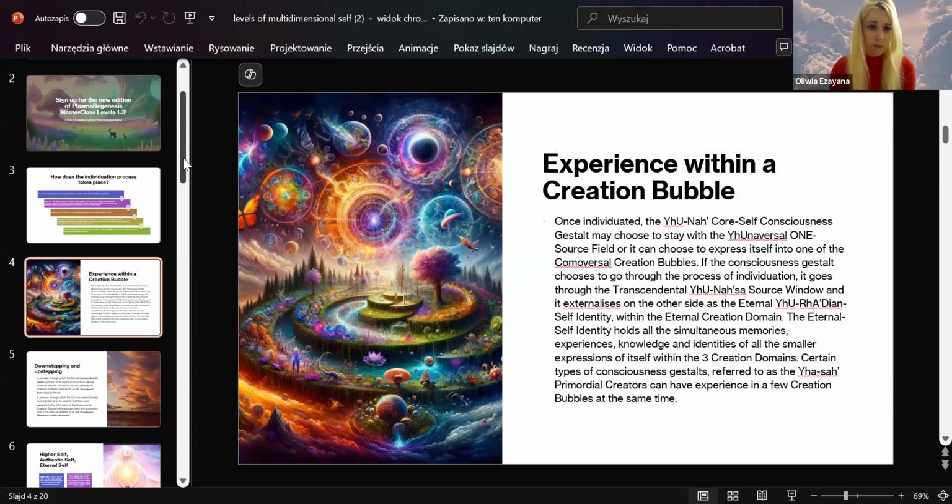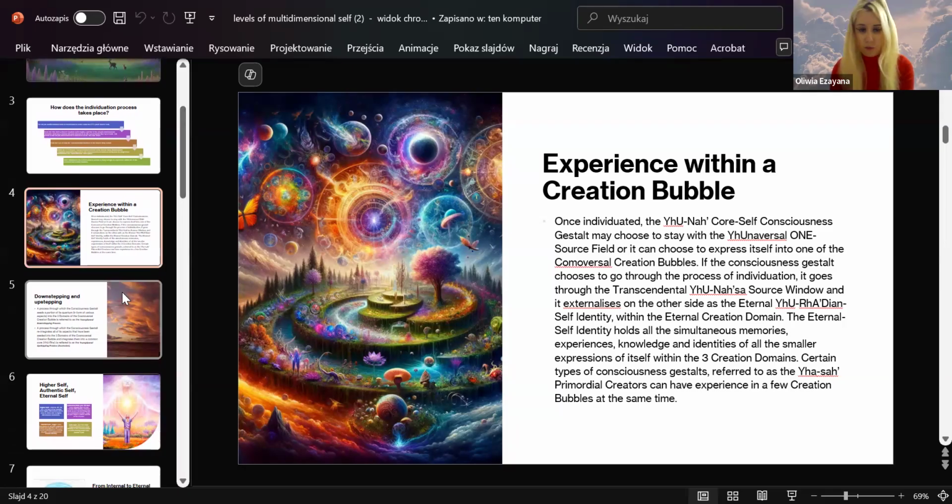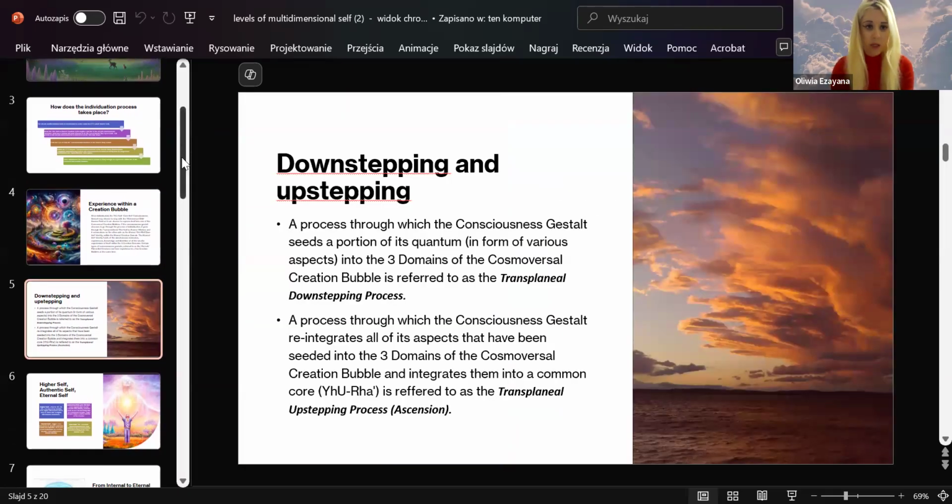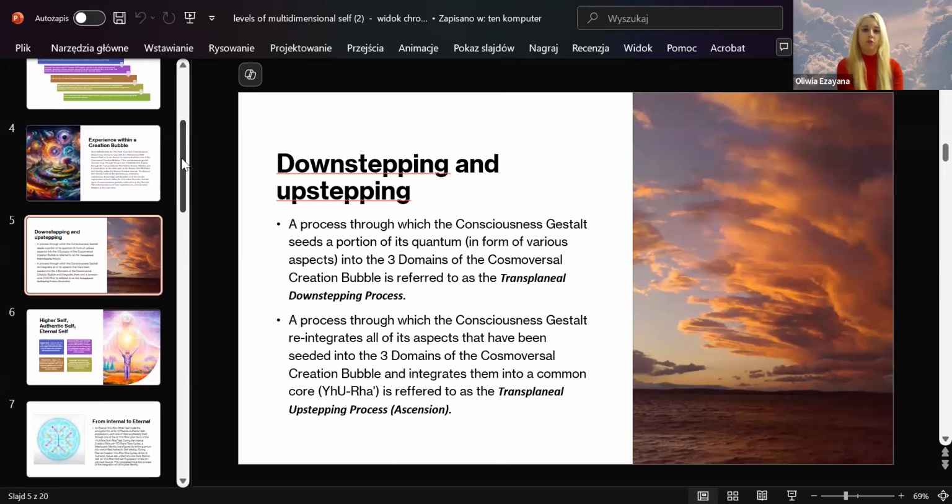And basically, as we enter the cosmoversal creation bubble, there are 2 main processes throughout which we are downstepping, meaning that we are seeding multiple aspects of our identity into the reality fields of the cosmoversal creation bubble.